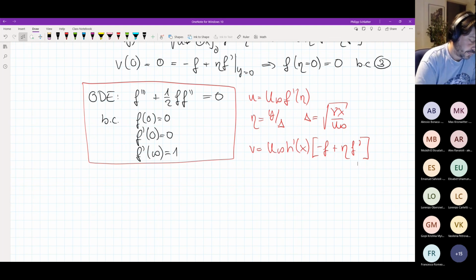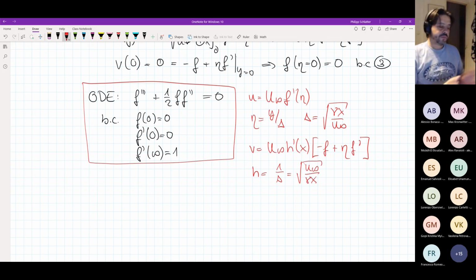Maybe, for completeness, I can write it. So the h here would of course be 1 over delta, which is the square root of u infinity divided by nu times x. So now I think we have written down everything.